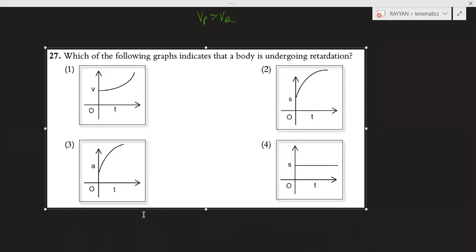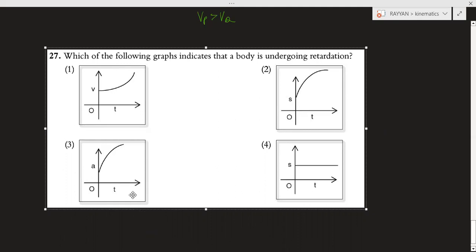Retardation means the velocity is decreasing with time. So we have to find out in which graph the velocity is decreasing with time.